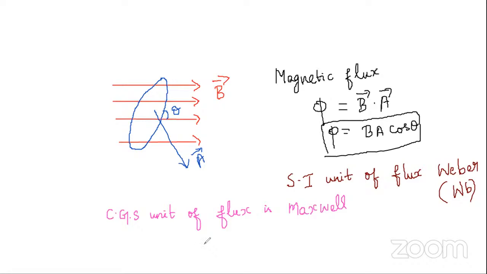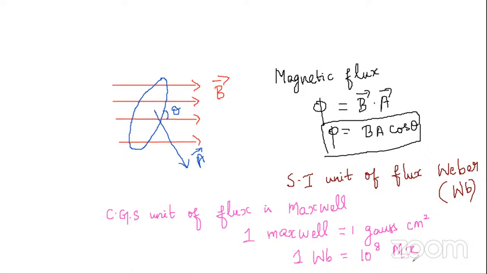One Maxwell is nothing but 1 Gauss centimeter square. And 1 Weber is equal to 10 power 8 Maxwell. Maxwell is represented by Mx, the short form. So this is the CGS unit.